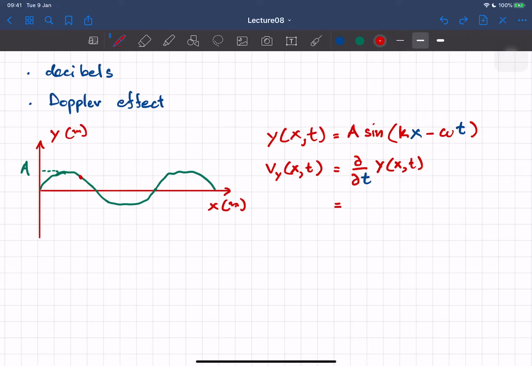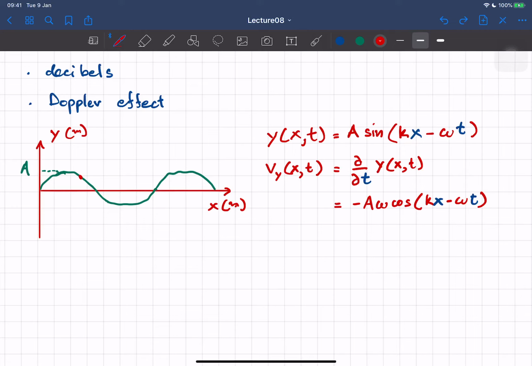So you're gonna have minus A omega cosine of kx minus omega t, like this. Minus sign because of the minus sign in front of omega t here, and omega because of the omega in front of t here, right? So you apply the chain rule once, and this is what you get.